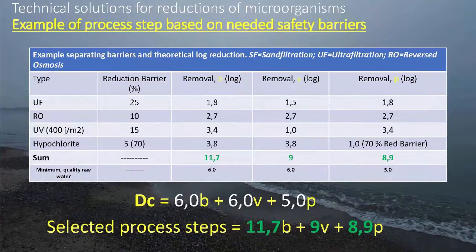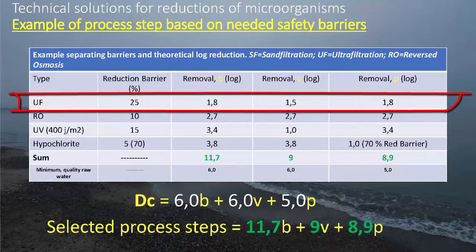We have the first UF step, and I've chosen a 25% risk, so the log removal for bacteria will be 1.8, for viruses 1.5, and finally for parasites 1.8, taking into account the risk I've chosen in regard to the efficiency of the method and the water we are going to treat.